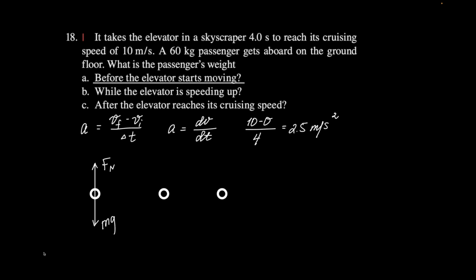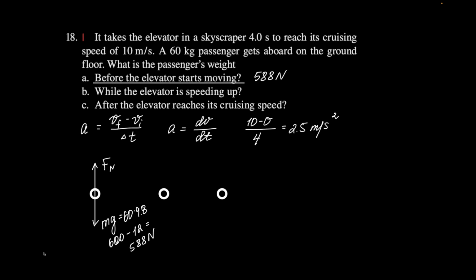So you have your mg and your normal force. So if the person is 60 kilograms, then it's 60 times 9.8, which is 588 newtons. So 588 newtons is the answer to A.